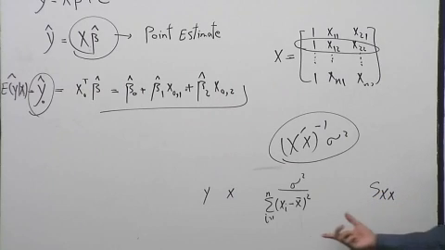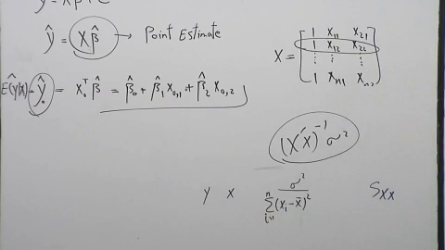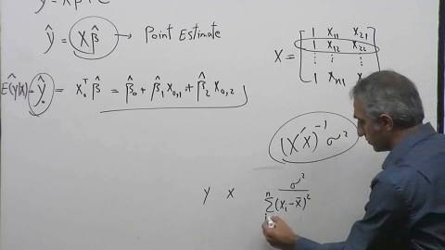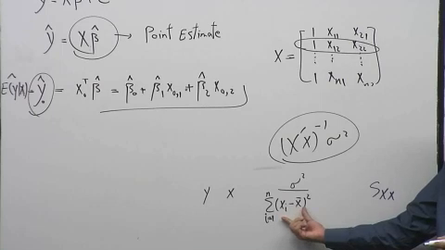Do you remember that? This is kind of like the equation for SXX. So if your points are closer to x bar, what's going to happen?